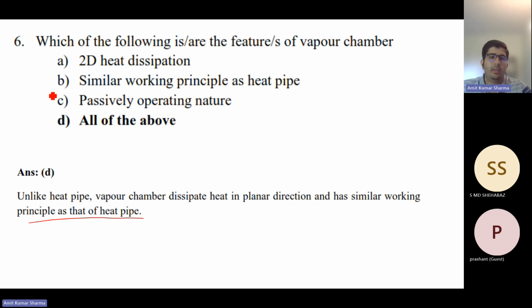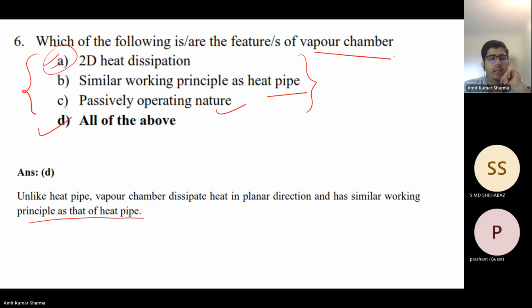Otherwise, it is similar to a heat pipe and also does not require any power source, so it is passively operating. So all three conditions are there for a vapor chamber. The correct answer is D.